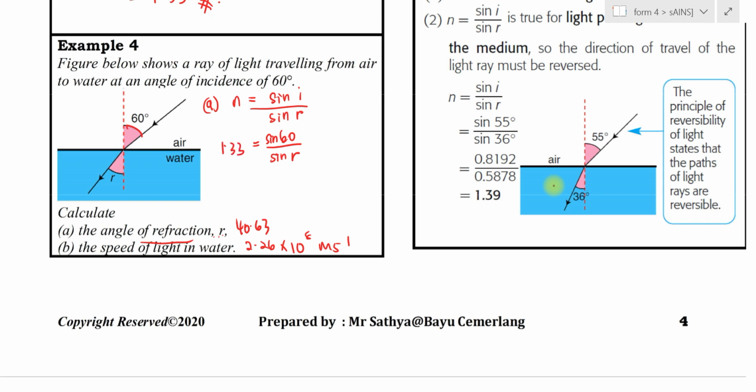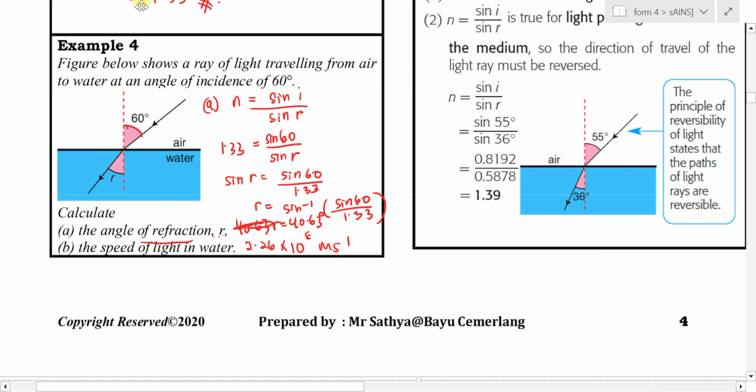N is 1.33, so sin R is sin 60 divided by 1.33, and R is shift sin of sin 60 divided by 1.33. R equals 40.63 degrees, correct.